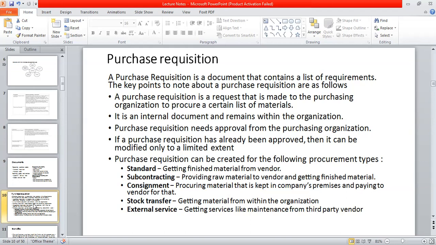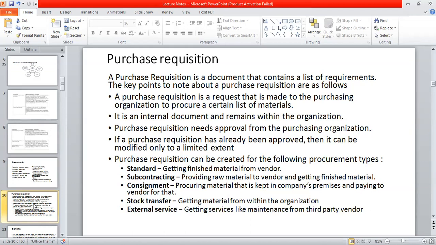Purchase requisitions can be created for the following procurement types. So these are the different types where these purchase requisitions can be raised. A standard type may be where the purchasing organization will want to buy raw materials, or, in the case of a retail organization, they want to buy more stock.